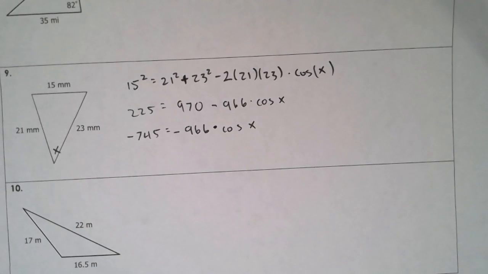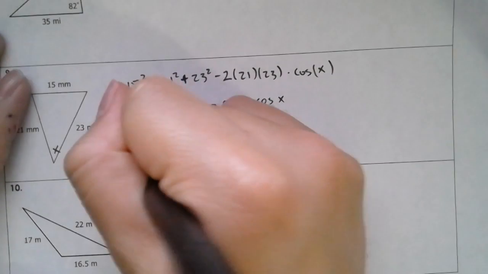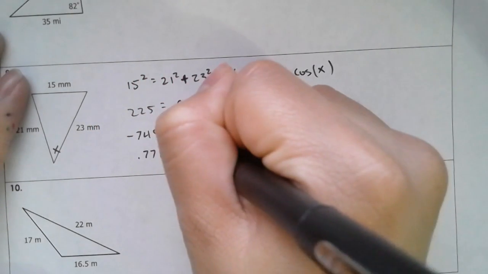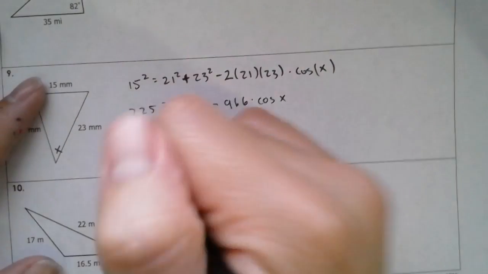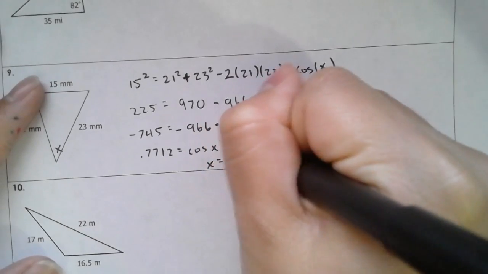You're going to get a decimal, 0.7712. Then you're going to need to take the inverse cosine. So the inverse cosine of 0.7712, you get x is equal to 39.5.